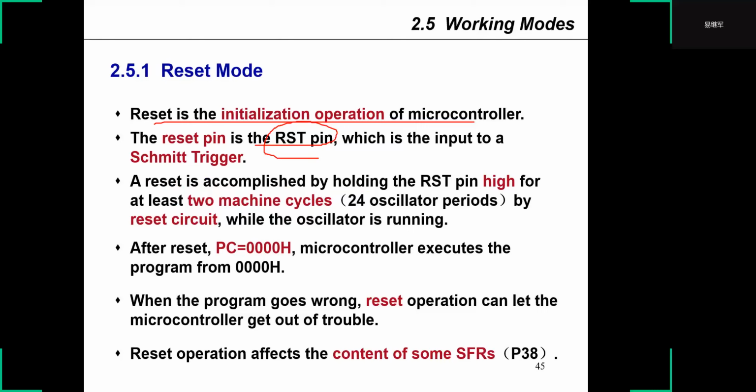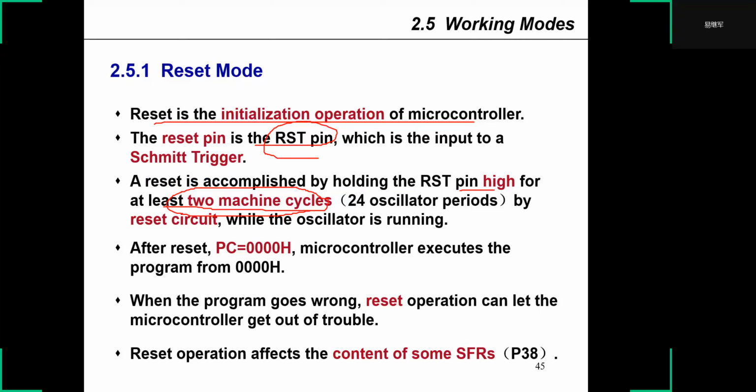Reset is accomplished by holding the RST pin high for at least 2 machine cycles, which is 24 oscillator periods, while the oscillator is running.